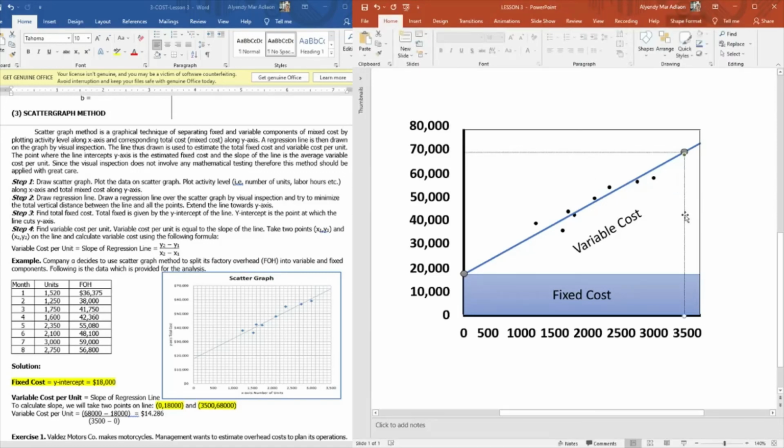So this one is at the 35 and this one is at the 68,000. And for the other point, no need anymore, it is already continuous. Okay, so this is our scatter graph.